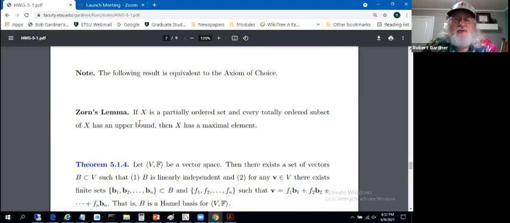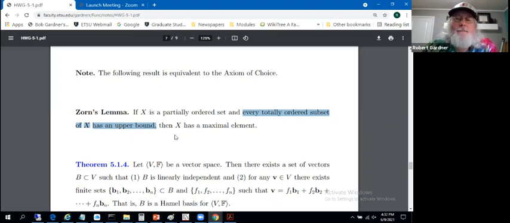But the statement of Zorn's lemma is, if X is a partially ordered set and every totally ordered subset of X has an upper bound, then X itself has a maximal element. So here's what we'll need to address to use this: every totally ordered subset of X has an upper bound. Then X itself has a maximal element.